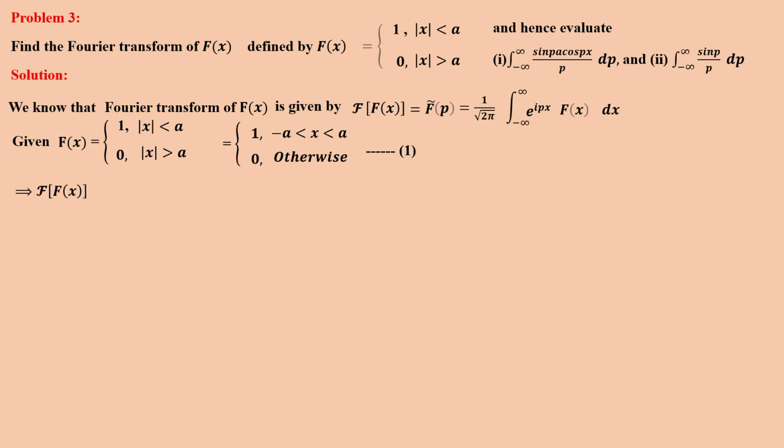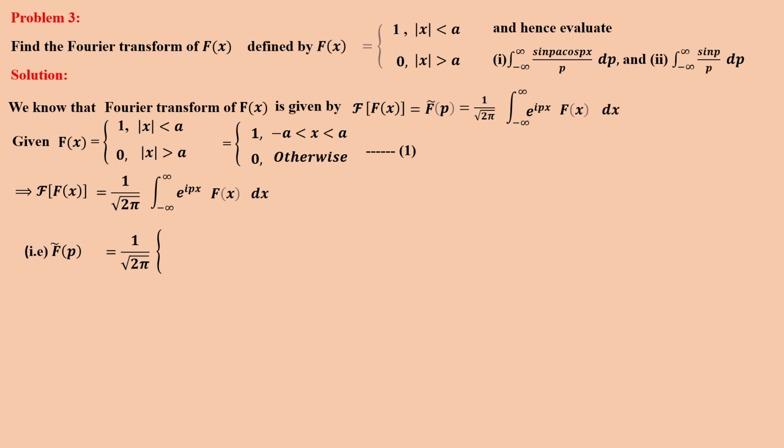Now the Fourier transform of f of x is equal to 1 by root 2 pi integral from minus infinity to plus infinity of e power i px f of x dx. That is nothing but f bar of p, the Fourier transform of capital F of x, which is equal to 1 by root 2 pi. Now, capital F of x, when x lies between minus a to plus a, its value is 1. In all other intervals, it takes the value 0.